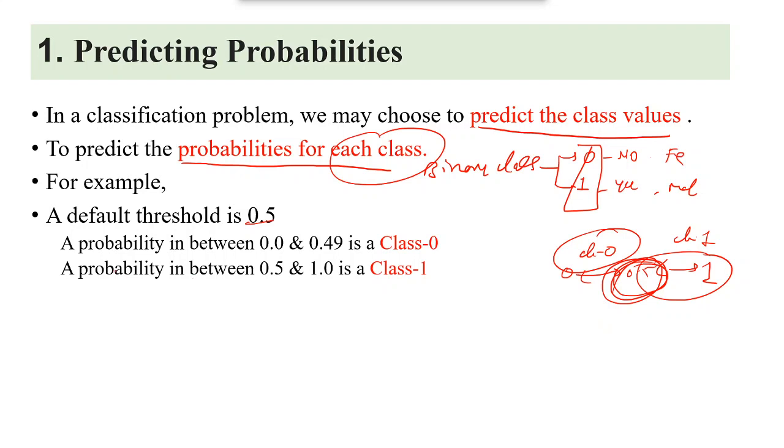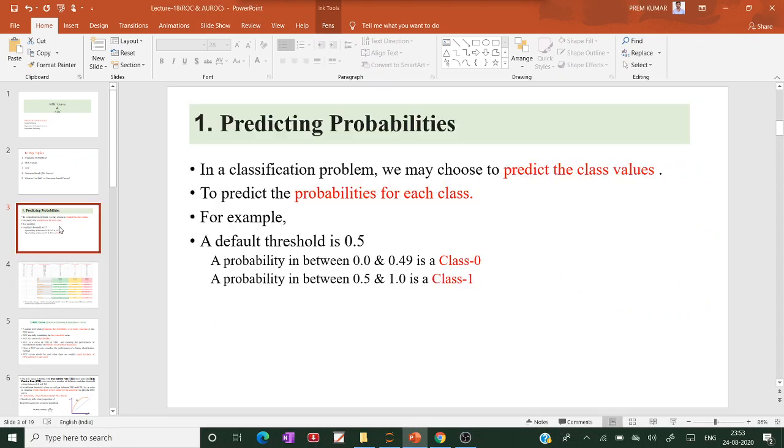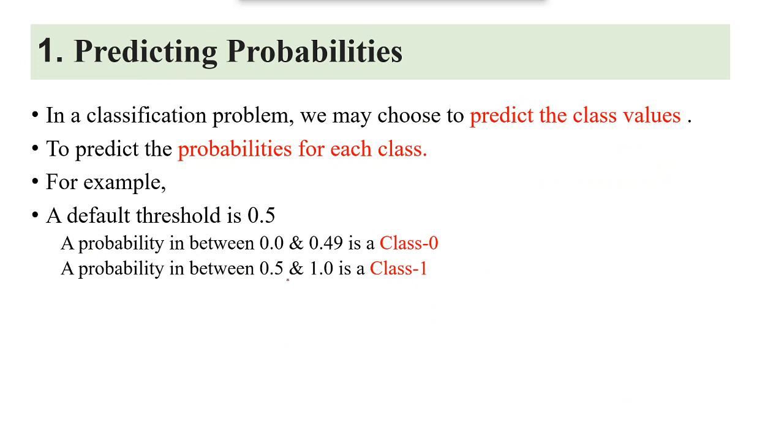So the probability between 0 and 0.49 we consider as class 0, and the probabilities between 0.5 and 1 we consider as class 1.